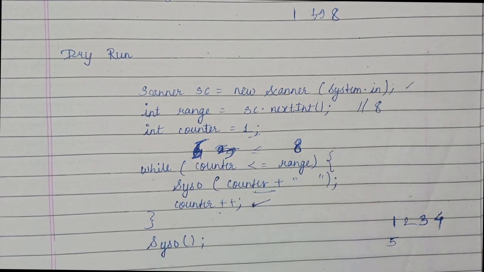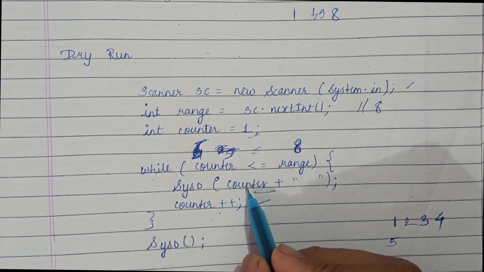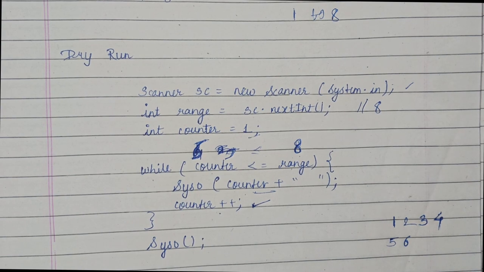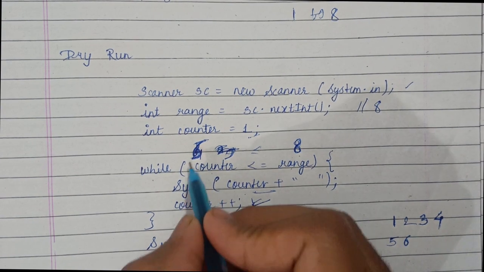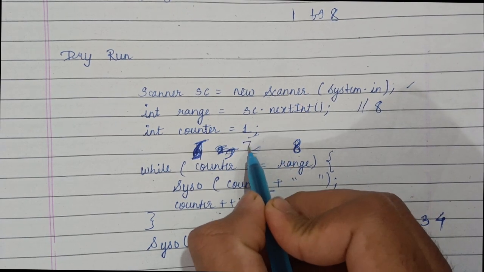Now it will check again: is 6 less than 8? The condition is true. It will again print the value of the counter, 6, and update the counter by 1. Now the counter's value has become 7.